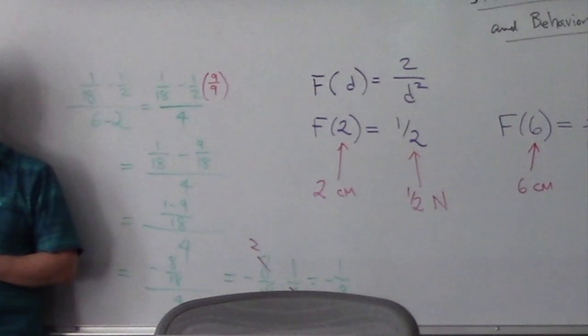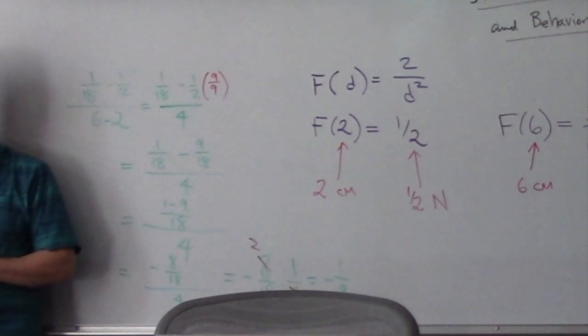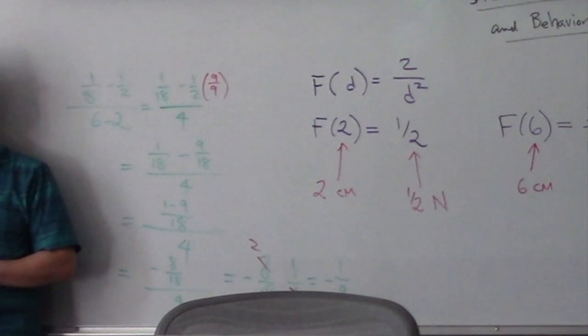On a calculator, I think that would be -0.111 newtons per centimeter. But the most important point is that the units are in newtons per centimeter.